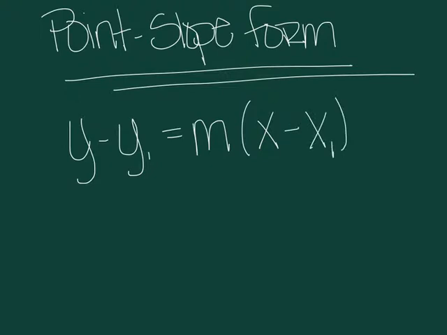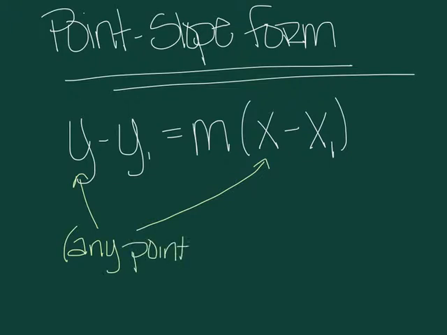So let's kind of break this down. X and y represent any point on this line, so they need to stay variables. The other stuff we can plug things into.